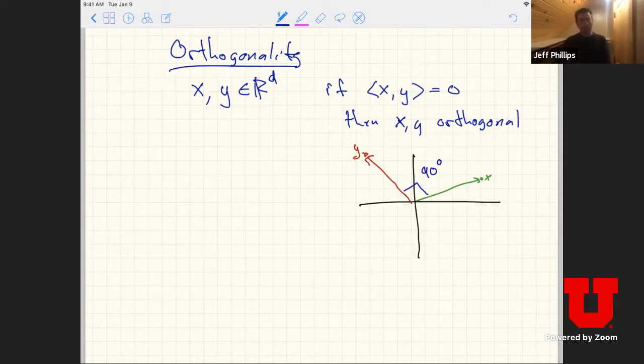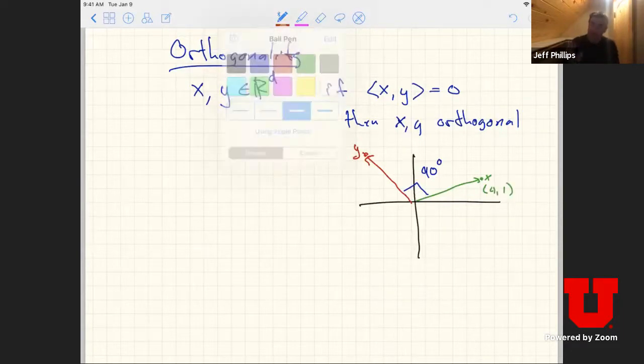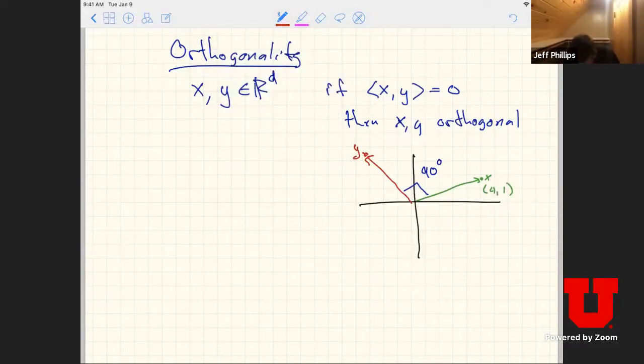And this works in two-dimensional space. An example in two-dimensional space would be, let's say this is (4, 1), and then this one, if I drew it correctly, which it's a little bit off here on the grid, would have to be (-1, 4). Then these would be orthogonal with each other. Let's just check this out.